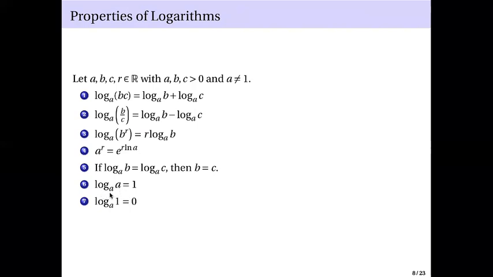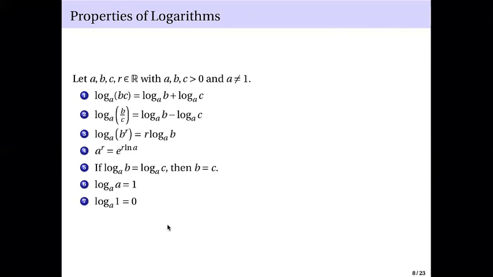Logarithm of a with base a is equal to 1. These are the only properties that we will use in this course. If there are any others, they will be presented later.